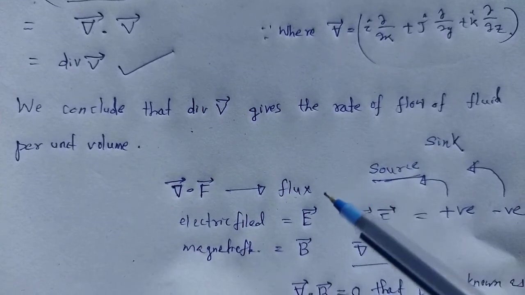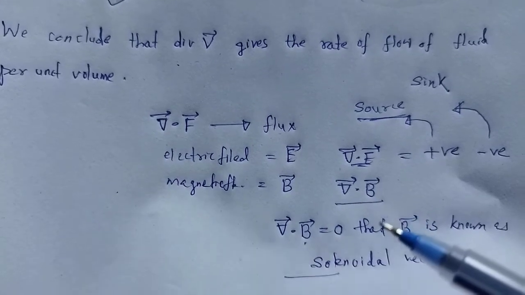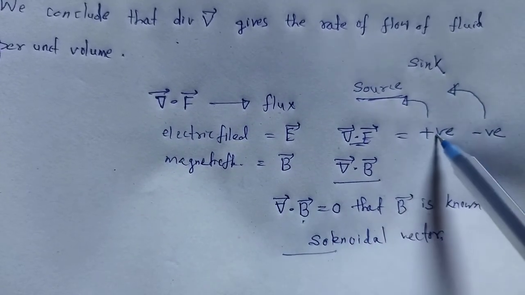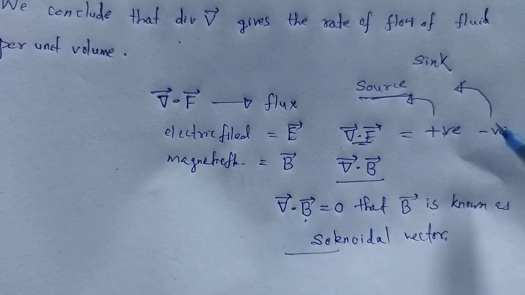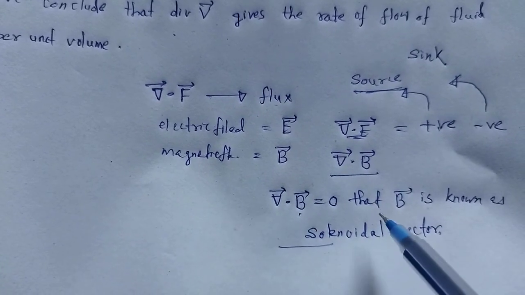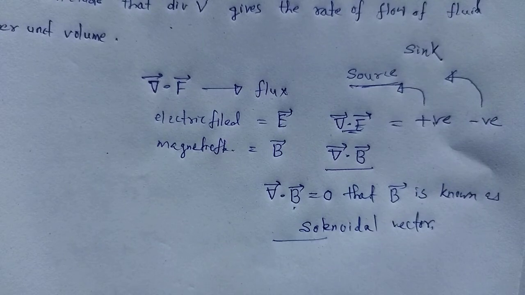If divergence is positive, what should that point be, if negative, what is the physical meaning, and if the result of the divergence is 0, then the vector is known as the solenoidal vector. With these important notes, let me wind up this session.